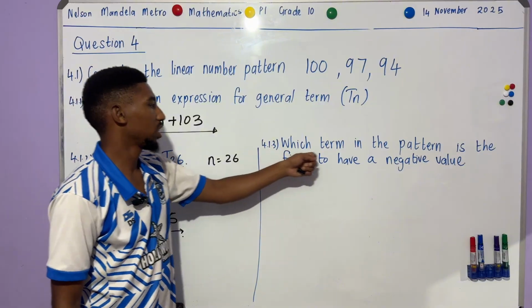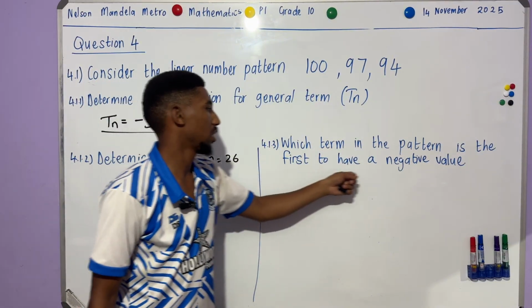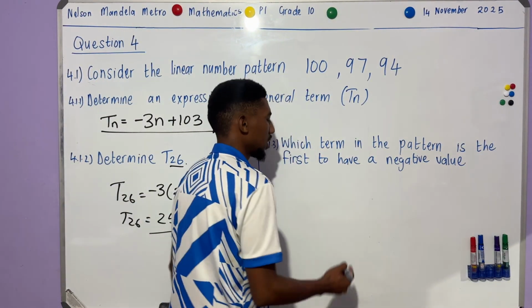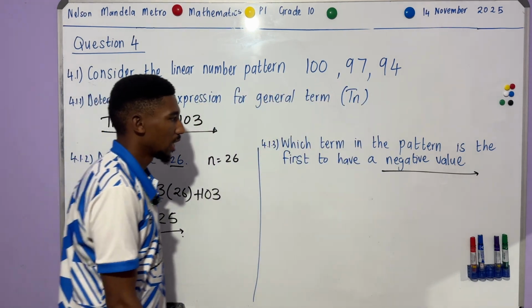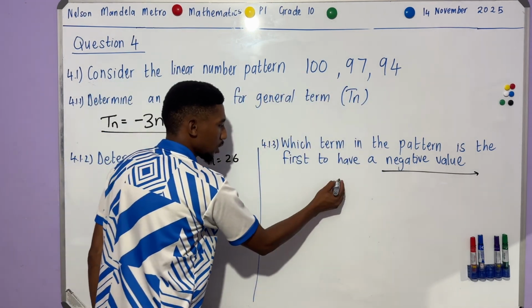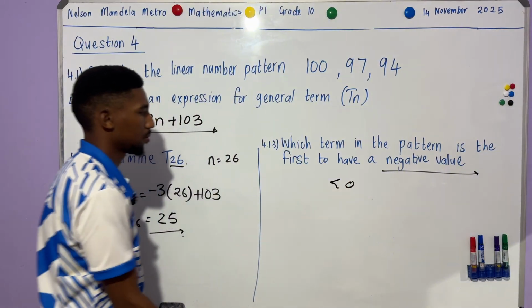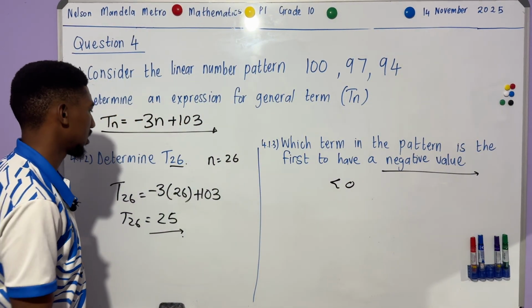4.1.3 says which term in the pattern is the first to have a negative value. Now this is going to take a little bit more understanding of mathematics. A negative value simply means smaller than 0. So which term in the pattern?